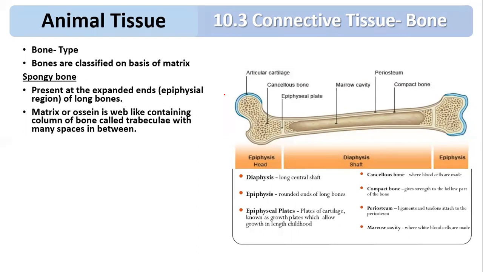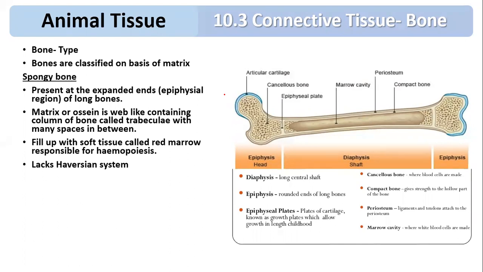So bone is arranged in the form of small columns called trabeculae, having many spaces within them. These are filled with a soft tissue called red bone marrow, responsible for hemopoiesis. Hemopoiesis is the formation of blood cells, that is, RBC, WBC, and platelets. It lacks the Haversian system.